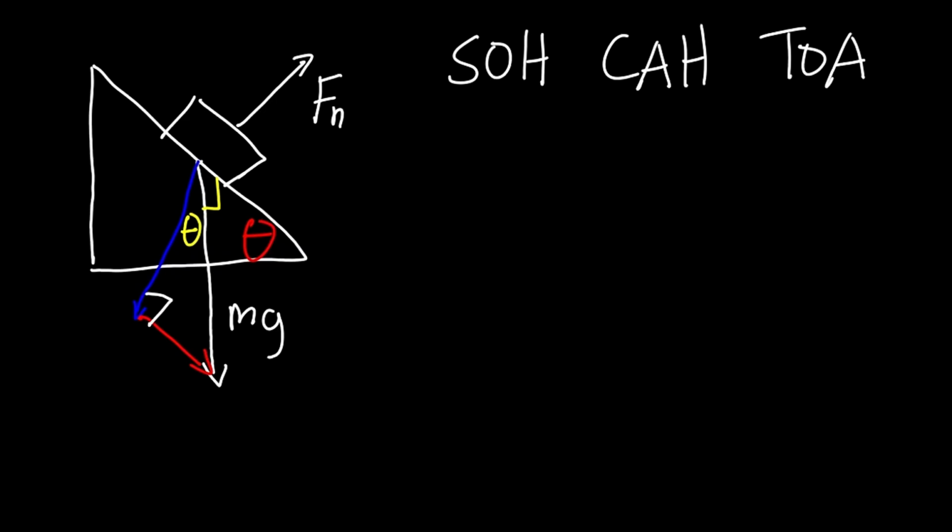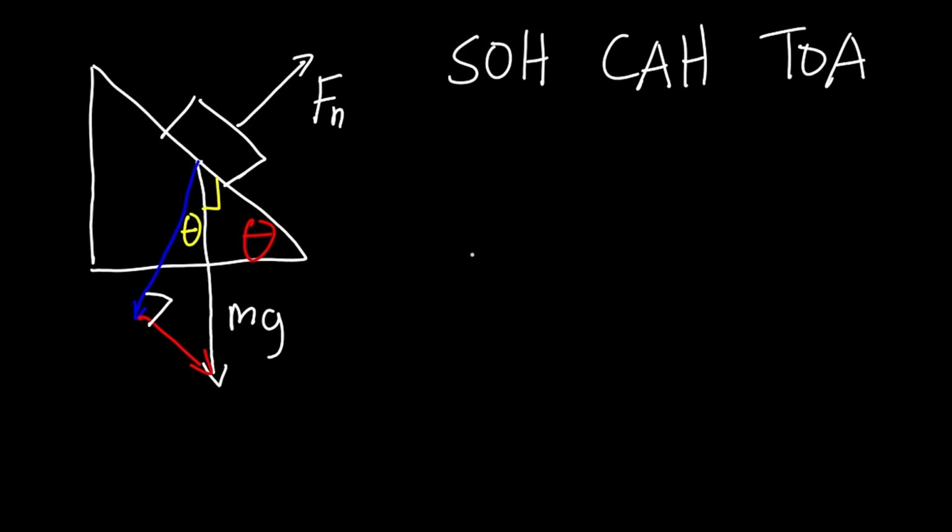Sinasabi lang dyan that, for example, itong theta natin na to, example, ang value niyan ay 30 degrees, no? Therefore, this theta is also 30 degrees, no? At mamaya natin yung pag-usapan.